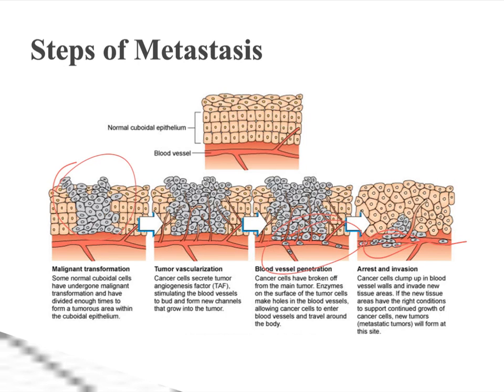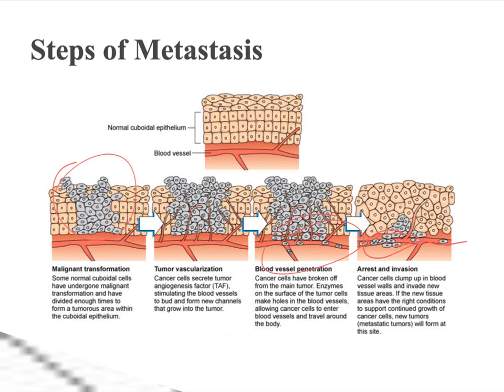I want you to understand this. Breast cancer often will spread to the lung and cause a tumor in the lung. So the patient does not have breast cancer and lung cancer. The patient has breast cancer that has metastasized to the lung.